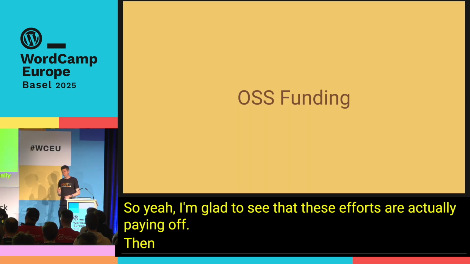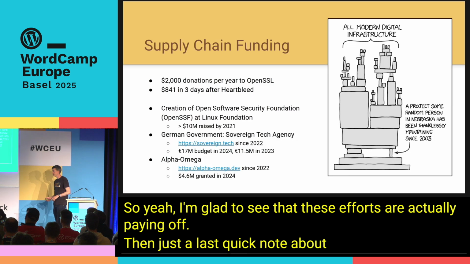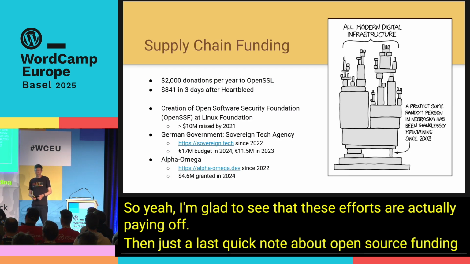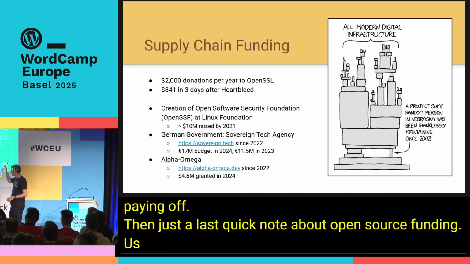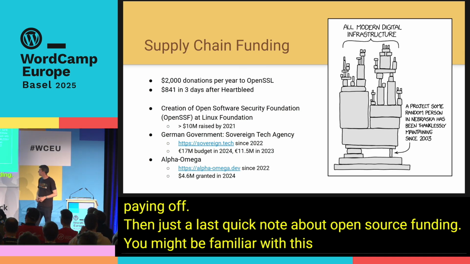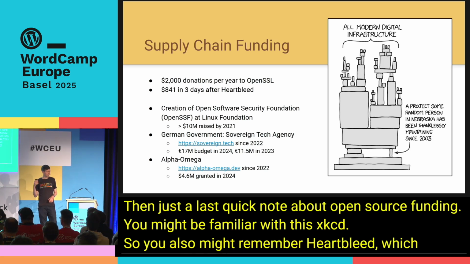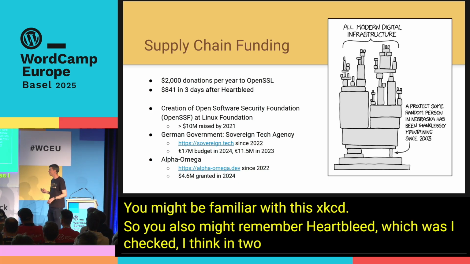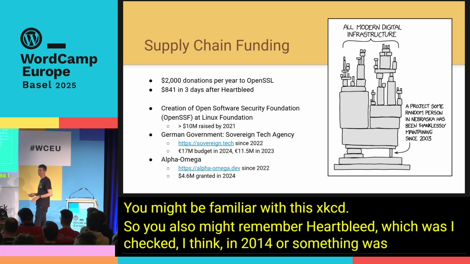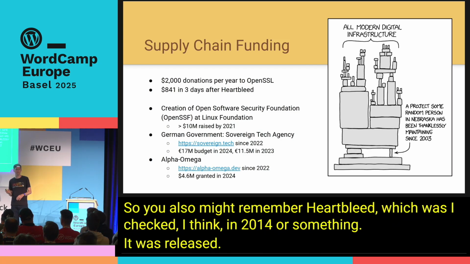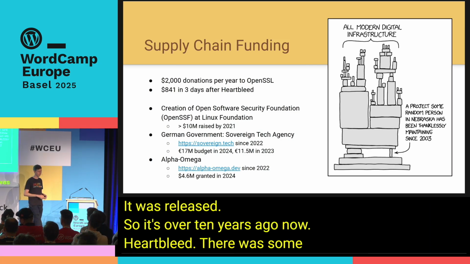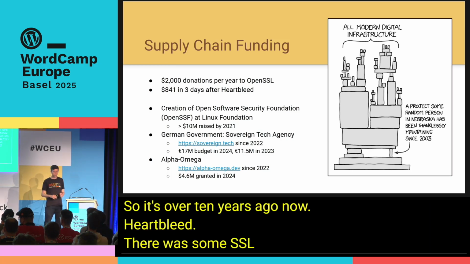Then just a last quick note about open source funding. You might be familiar with this XKCD. You also might remember Heartbleed, which I checked was released in 2014 or so, so it's over 10 years ago now. It was some SSL vulnerability.